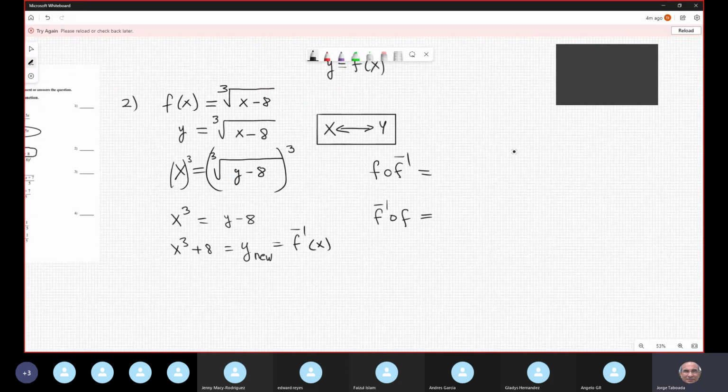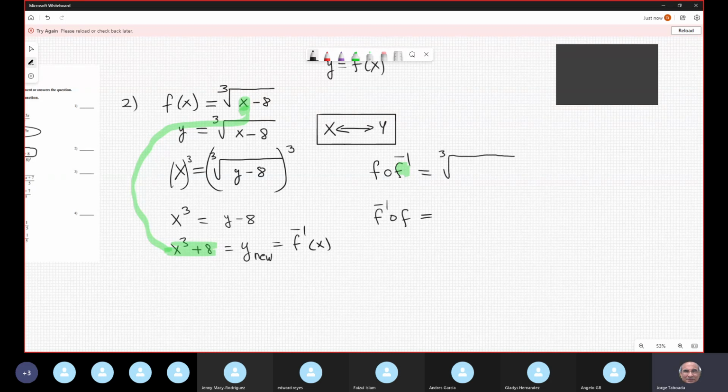Okay, let's do it. In this case, the inverse function is this. Inside here, I replace x with this. So it is the cubic root.